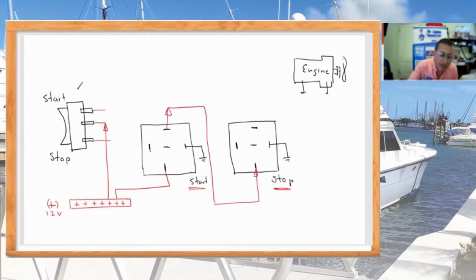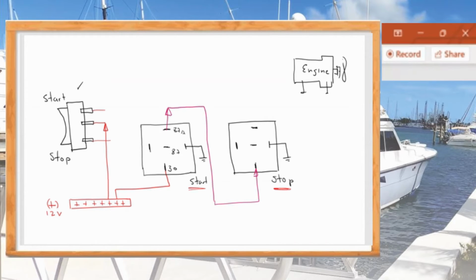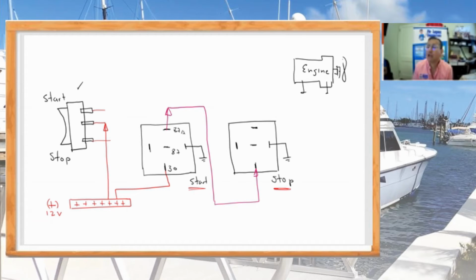Why do I connect this one in the terminal 87A? How is the connection between the terminal 30 and 87A? Normally open or normally closed? Normally closed. What is the meaning of that?